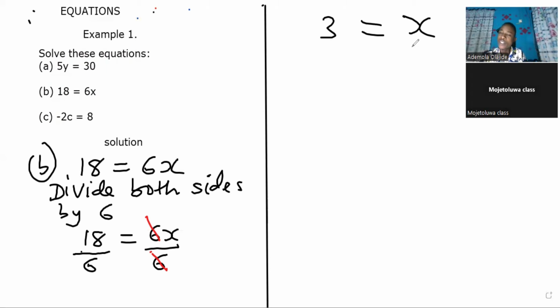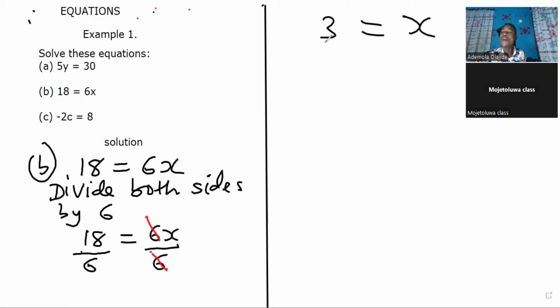Can we conclude that statement? If 3 equals x, it means that x equals 3. It's like if there is a friend born exactly the same day and time as you, and they say that person is your age mate, that the person has equal age as you.